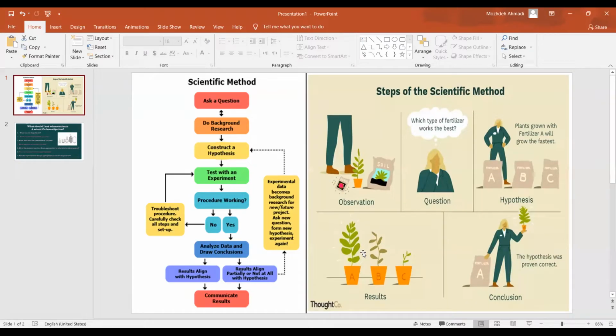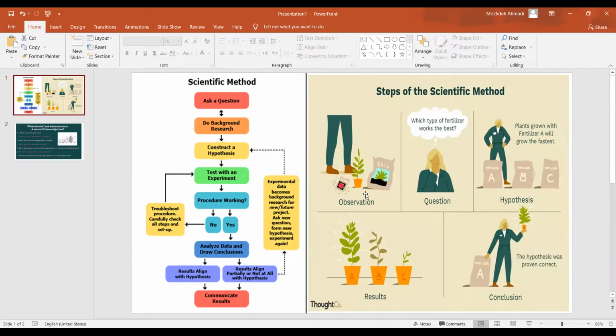On the right side, I brought a picture for you that hopefully can make the steps easier to learn. The first step is observation. For example, I saw a plant that grew faster, and I say, oh, what is the cause?